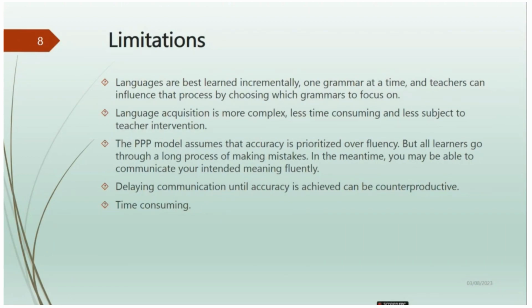It means there should not be teacher intervention in language acquisition. It is more complex to learn a language. And the PPP model assumes that accuracy is prioritized over fluency, but all learners go through a long process of making mistakes. In the meantime, you may be able to communicate your intended meaning fluently. Delaying communication until accuracy is achieved can be counterproductive, and this is a time-consuming model of teaching.